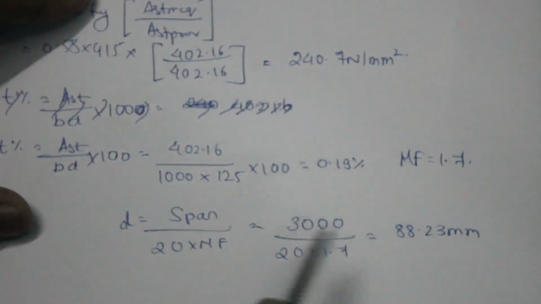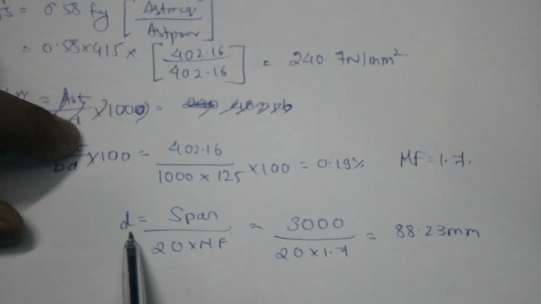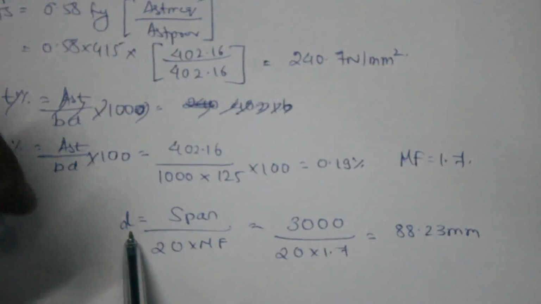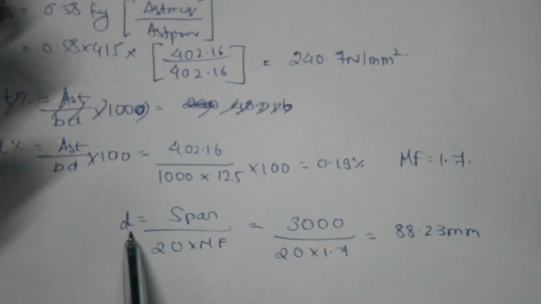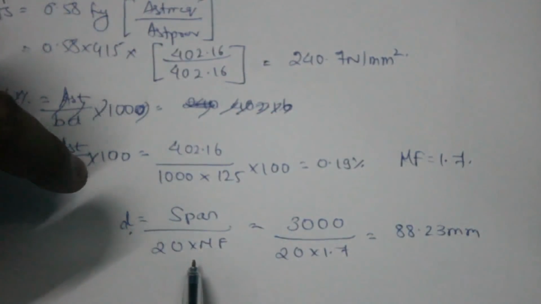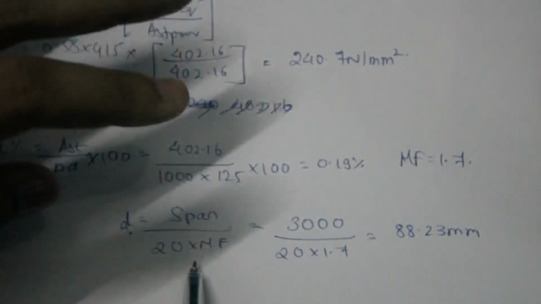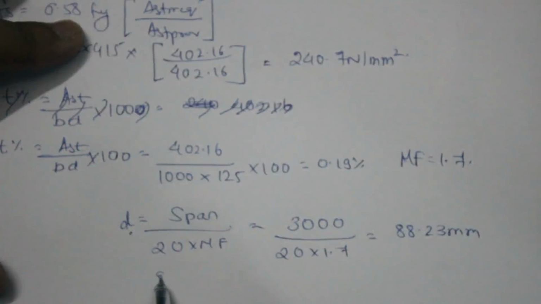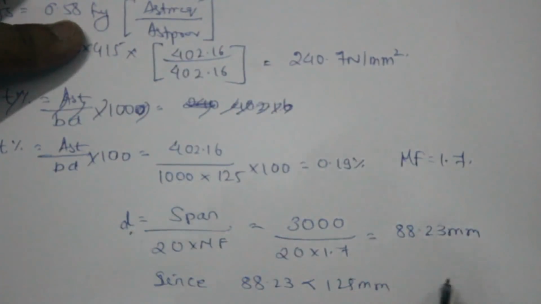In any case, if the depth calculated using the modification factor from the graph is greater than the effective depth you chose, then your slab will not be safe in deflection. Since 88.23 is less than 125 mm, it is safe.